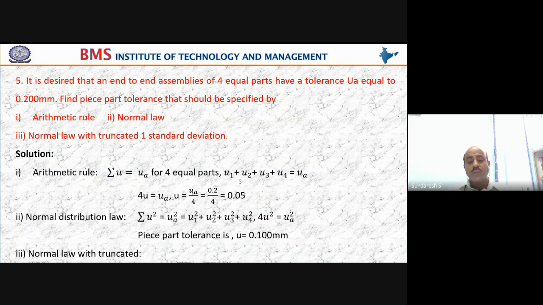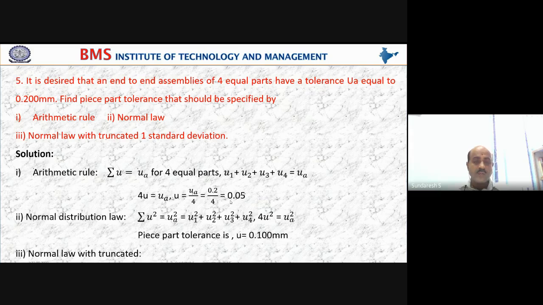Since there are four equal parts, this will constitute 4 into U, so UA is equal to 4 times U. So U is equal to UA by 4. 0.2 divided by 4, you will get 0.05. This is what we get for the arithmetic rule.